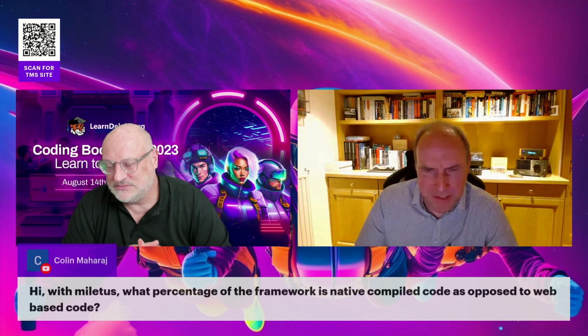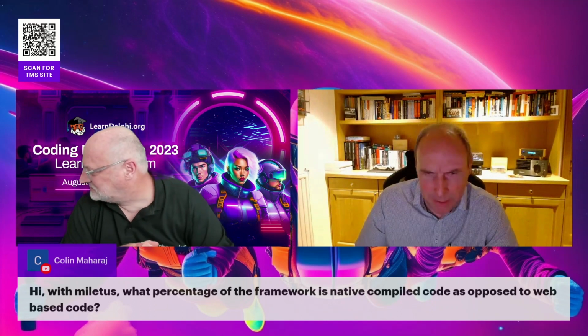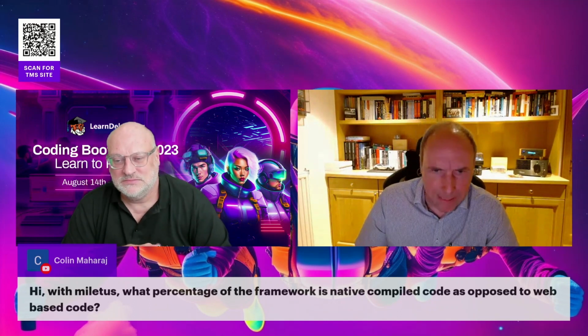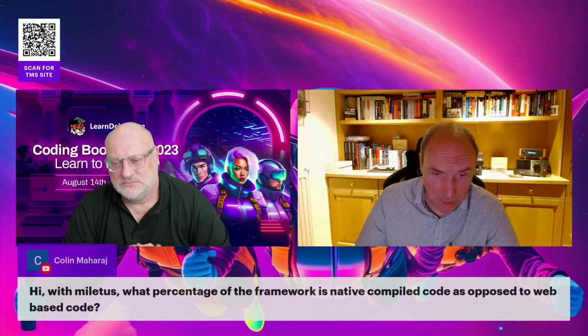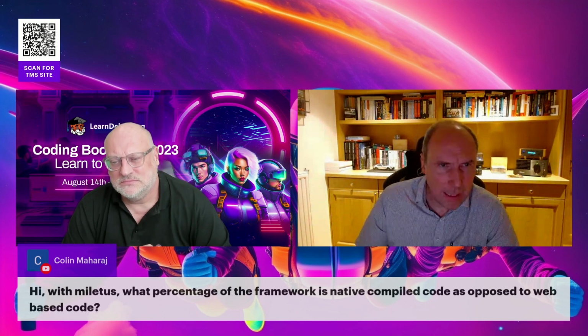Well, for a good understanding, a Miletus application consists of a native shell application. Basically, the functionality of this native shell application is to host an embedded browser, because that's where the application that you built is actually running.